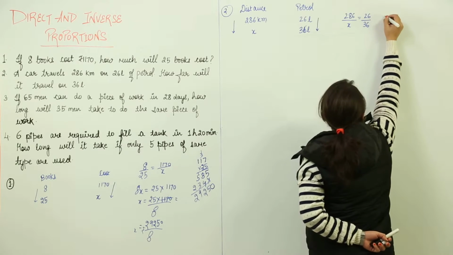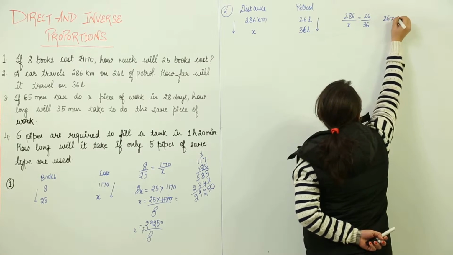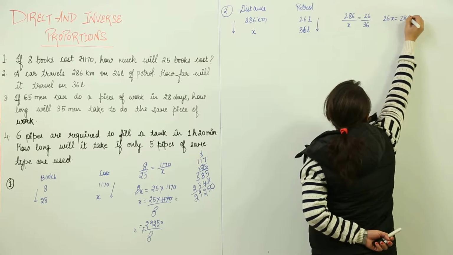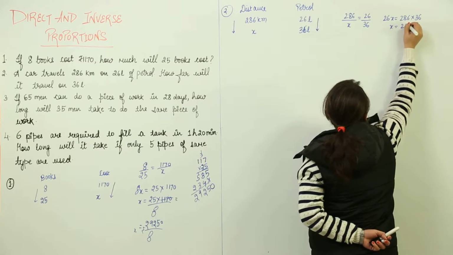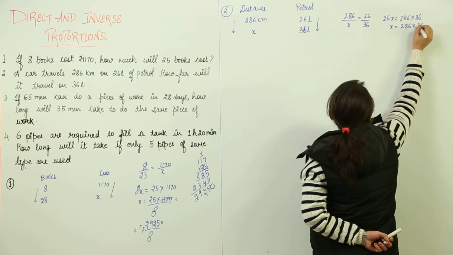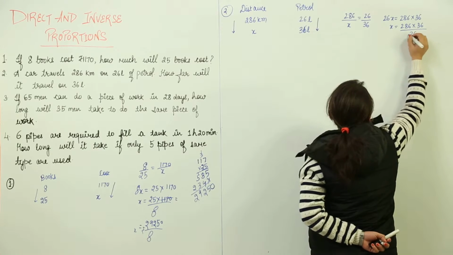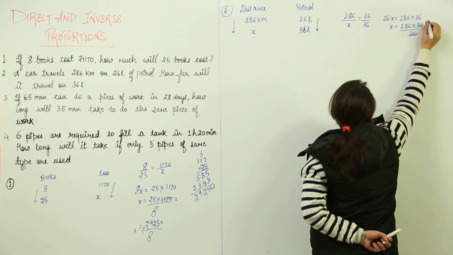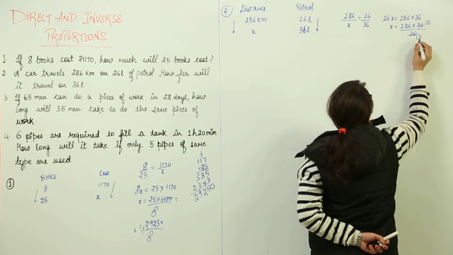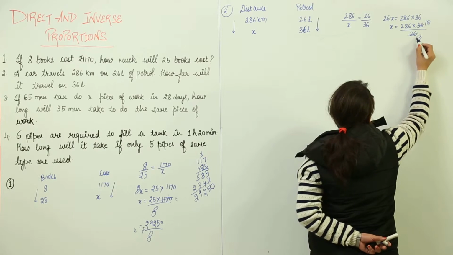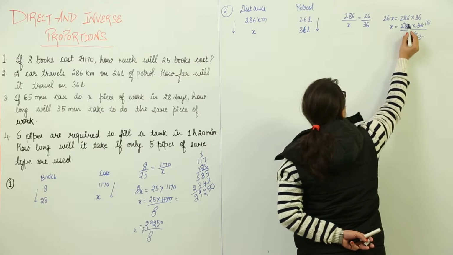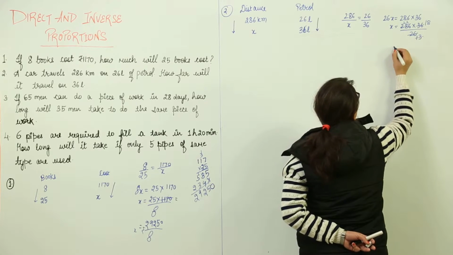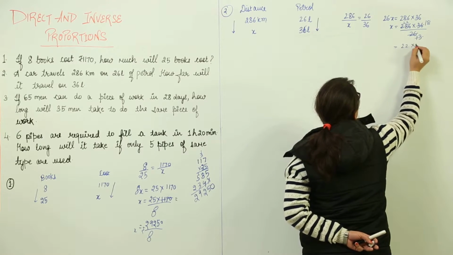Now if you cross multiply them, you would get 26x equal to 286 into 36. Now x comes out to be 286 into 36 over 26. Once you solve them, you will get your answer. 18, 13. Is this going with 13? Let us check. 13, 2 is 26. 2 left. 26 again to 26. That means 22 into 18.